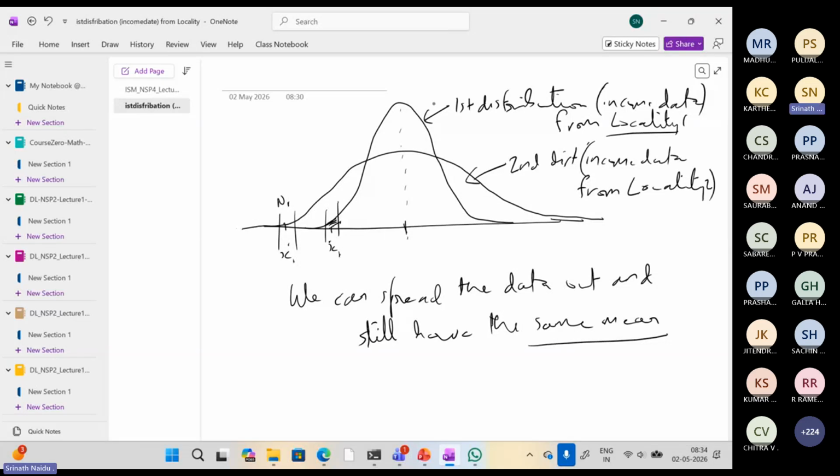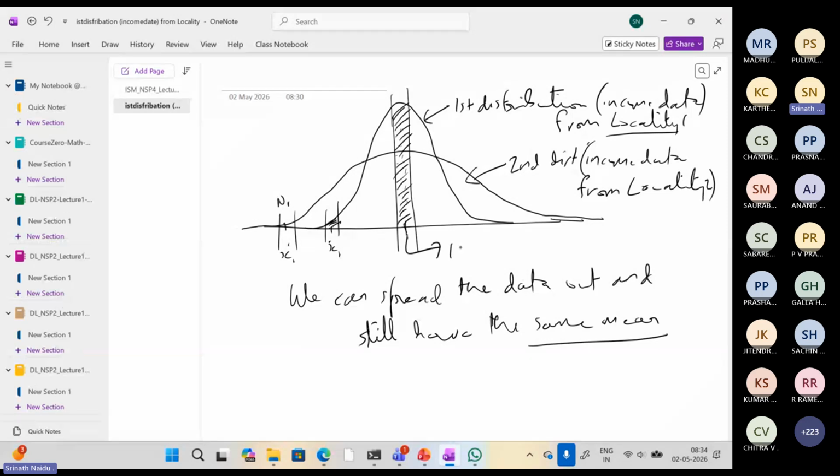Now, in the first distribution, I found that there were a bunch of people who are earning a fairly large amount of money. So the first locality had a bunch of people who were earning a large amount of money, and then the spread wasn't that much. Suppose this was 100,000, say let's give it in Indian rupees.